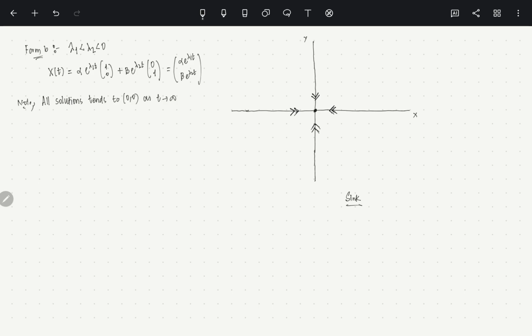Now these are the solutions, at least for one coordinate 0 and the other 1. Now let's say alpha and beta are both non-zero. How do you draw all these other curves? What is the general trick? The question is how they approach the origin.